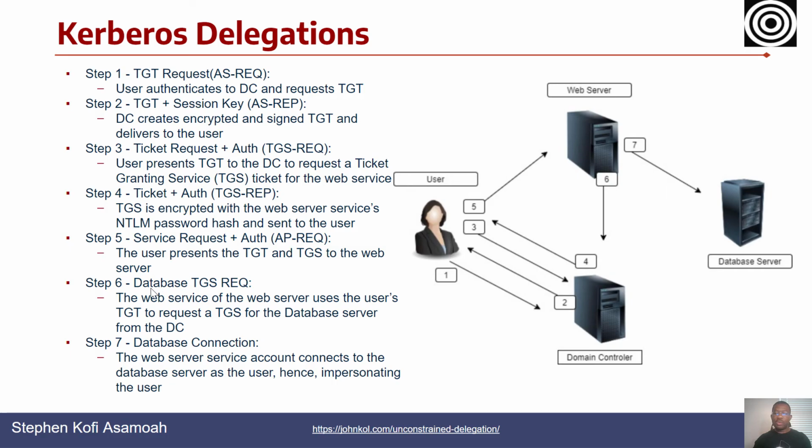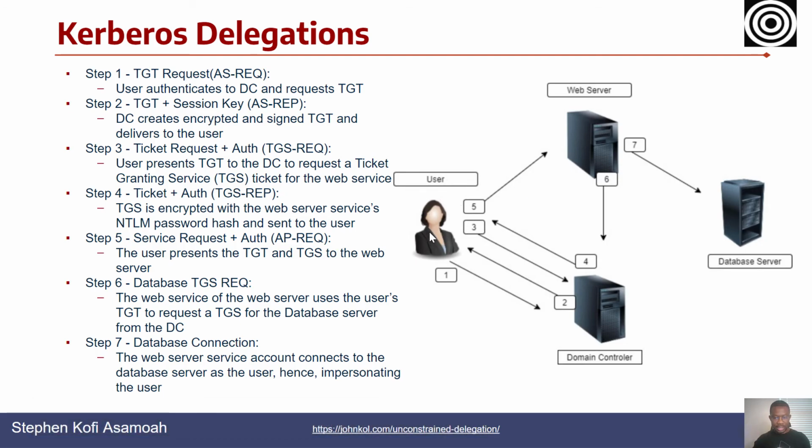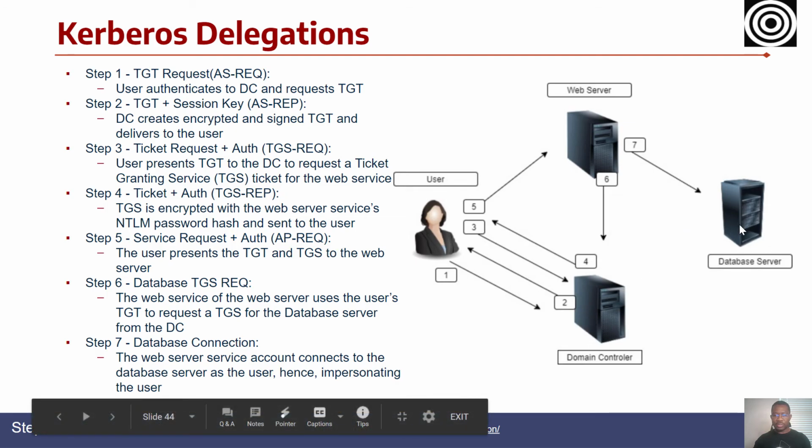And then we have to request a TGS from the database server. So then the web server service account uses the user's TGT to request a TGS for the database server. So this is impersonating this user to request a TGS from here for this service.